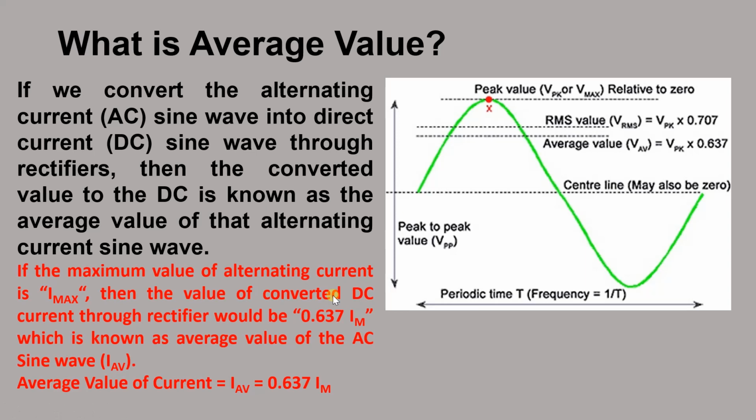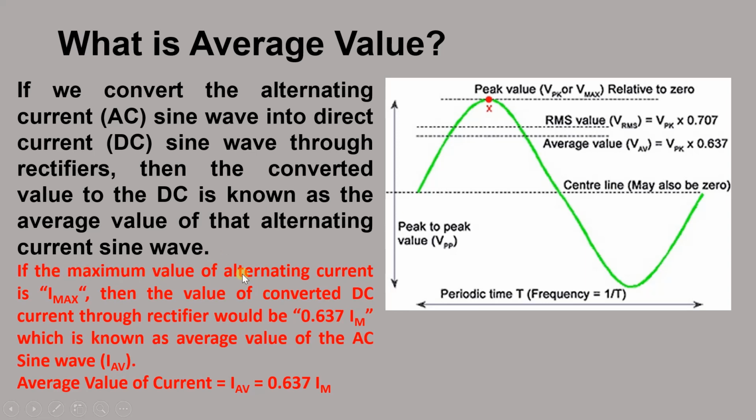The next term is average value. What is average value? If we convert the alternating current sine wave into a direct current through a rectifier, then the converted DC value is known as the average value of that alternating current sine wave.